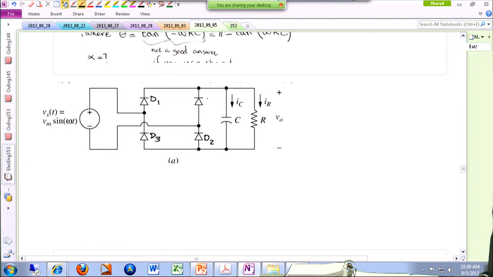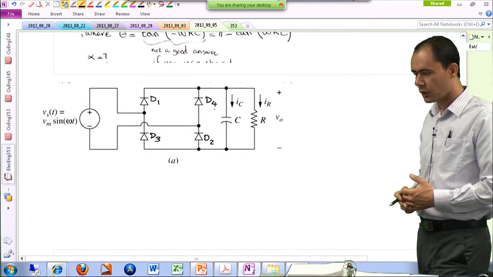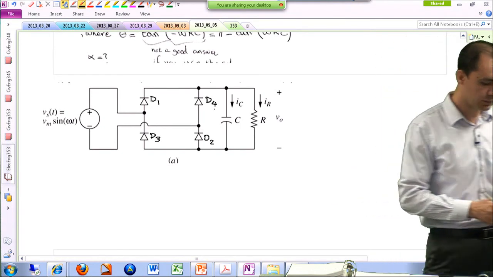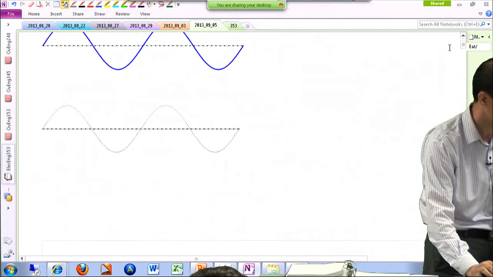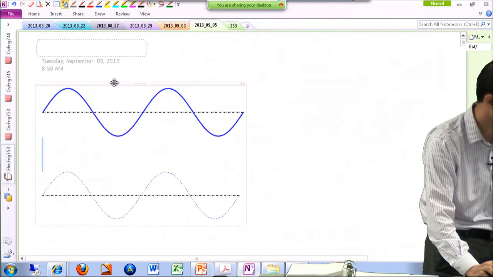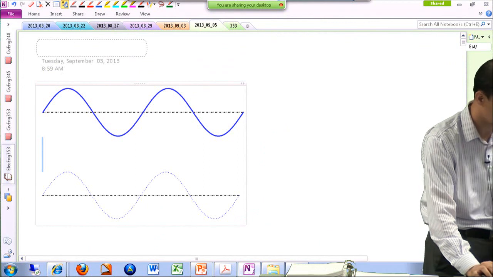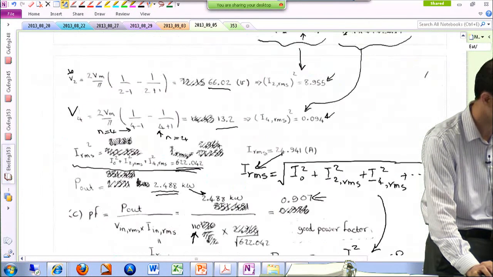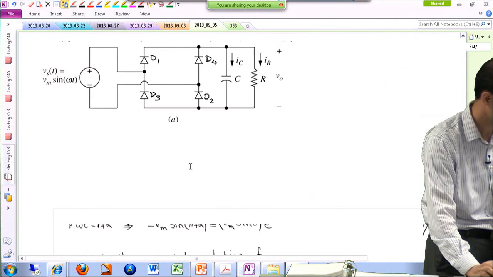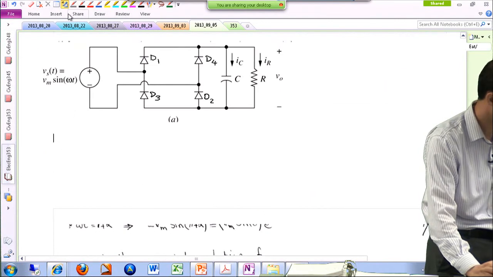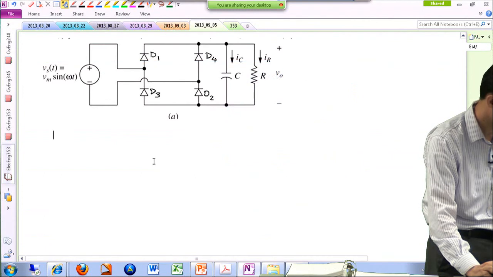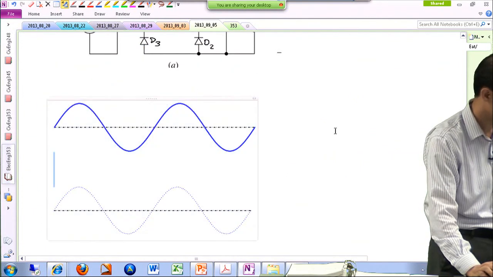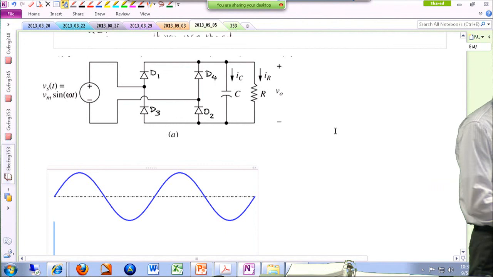When the input voltage is positive, let me plot the input voltage waveform as well. Okay, let's say this is our input voltage.